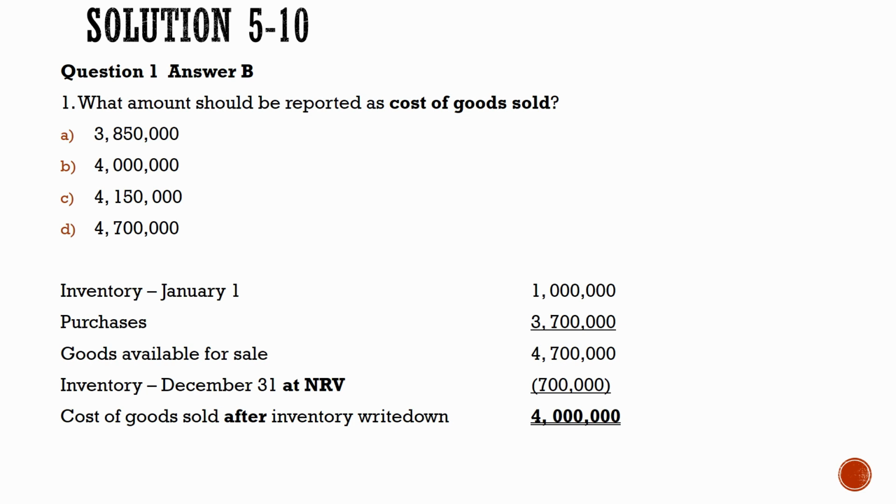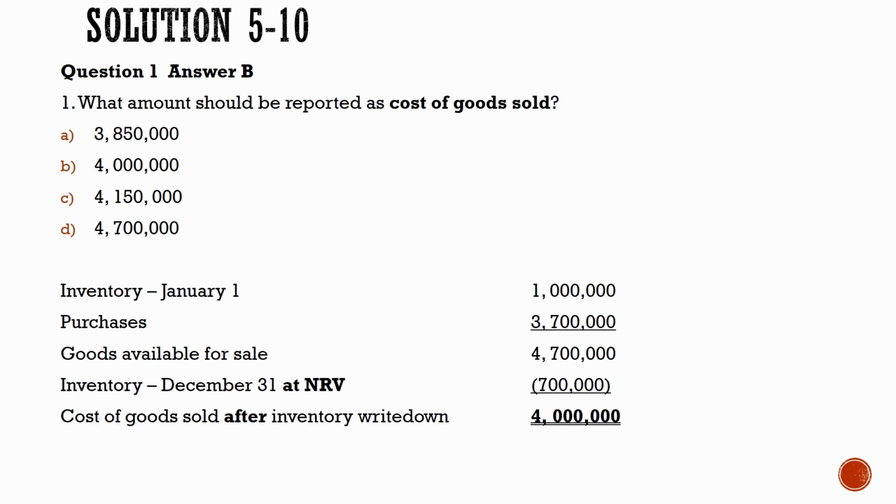So the question number 1 is what amount should be reported as cost of goods sold? So cost of goods sold is the total amount your business paid as a cost directly related to the sale of products. Alam na alam ninyo na kung paano kunin ang cost of goods sold, which is calculated by adding starting or beginning inventory to the purchases and deducting the ending inventory to the sum of the first two items.